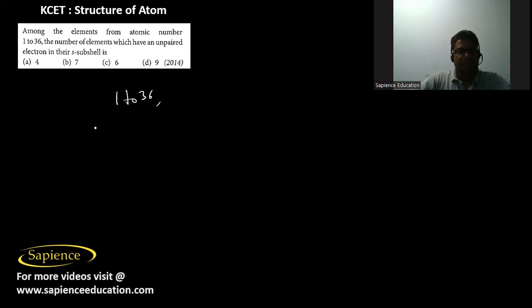So in hydrogen, we have the electronic configuration 1s1. So it has an unpaired electron in the s orbital.